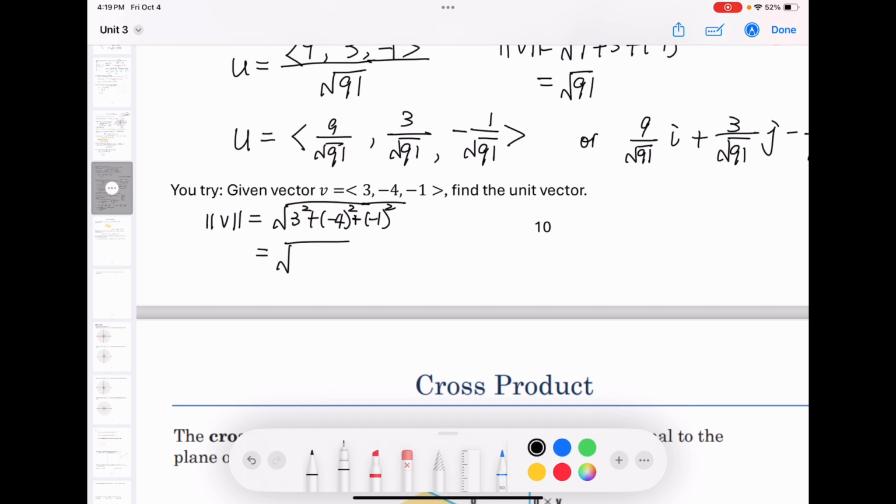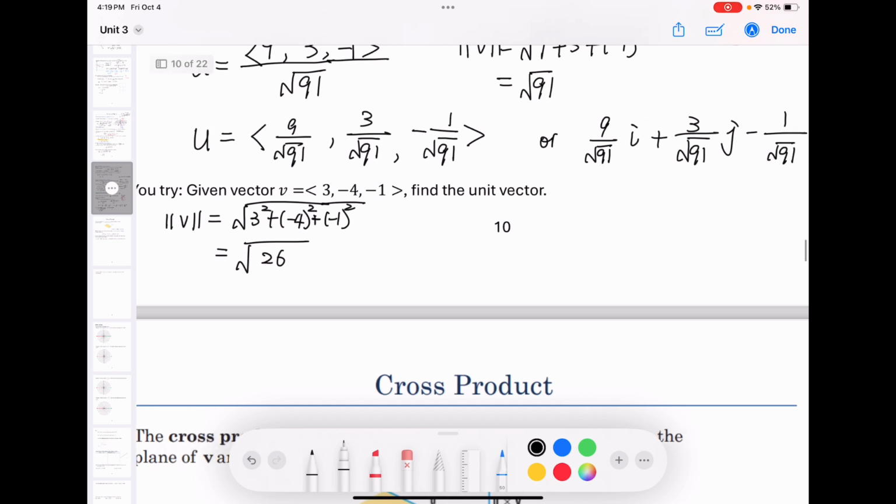It is 9 plus 16 plus 1, which is 26. Square root of 26. So the unit vector u is equal to v over the magnitude of v. This is every component divided by the square root of 26: 3 divided by root 26, comma, -4 divided by root 26, comma, -1 over root 26.